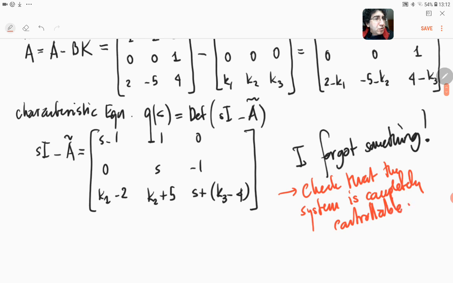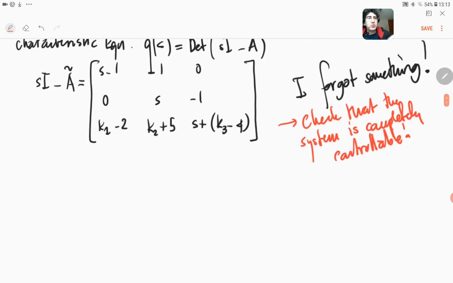That is important to check because it's easier to check that than to solve the state feedback problem. And if the system turns out to be completely controllable, that actually guarantees a solution for you. So let me do that.